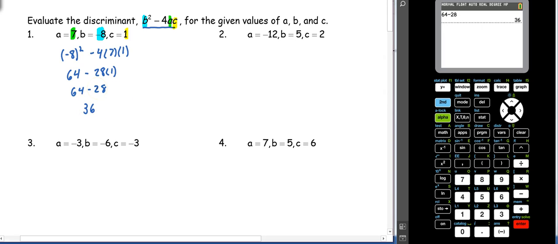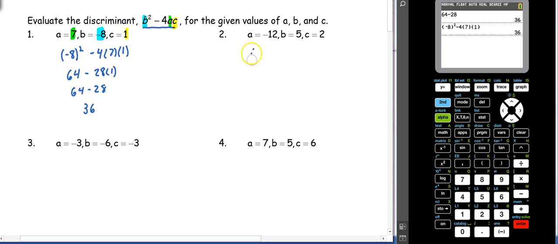Now, if we wanted to just use a calculator right away, the thing we have to be careful about is using parentheses. So I would have parentheses -8 squared minus 4 parentheses 7 parentheses 1, and I should get the same answer, which is 36.